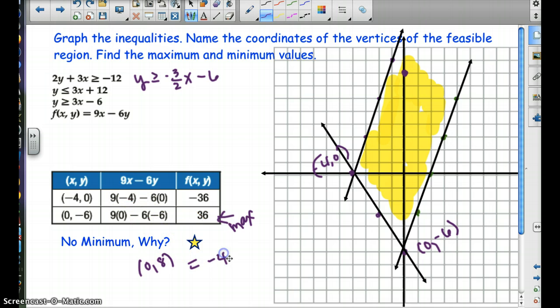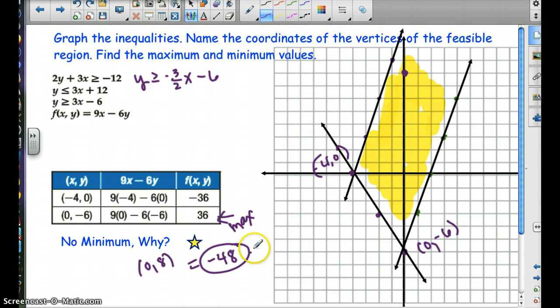A negative 48. So there is something less than this number. So that's why this is not our minimum. We actually don't have a minimum, because this vertex here is not the smallest number we get when we plug in values in our shaded region.